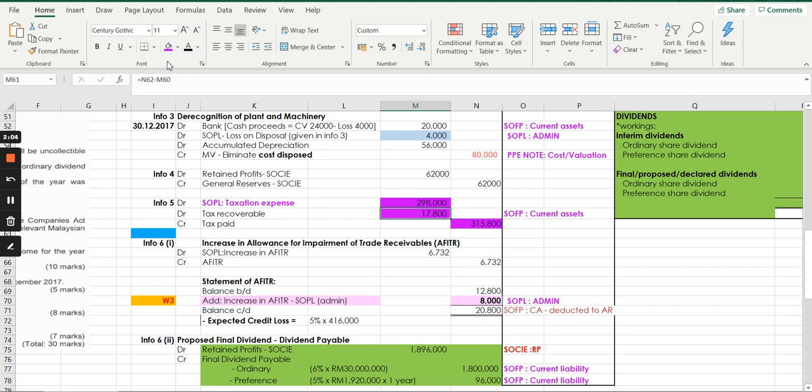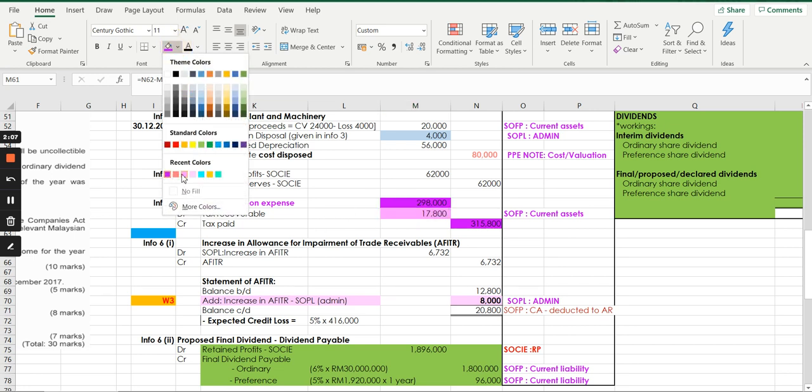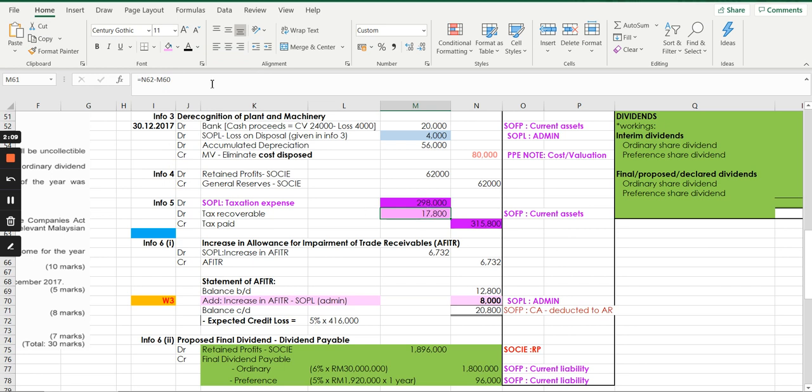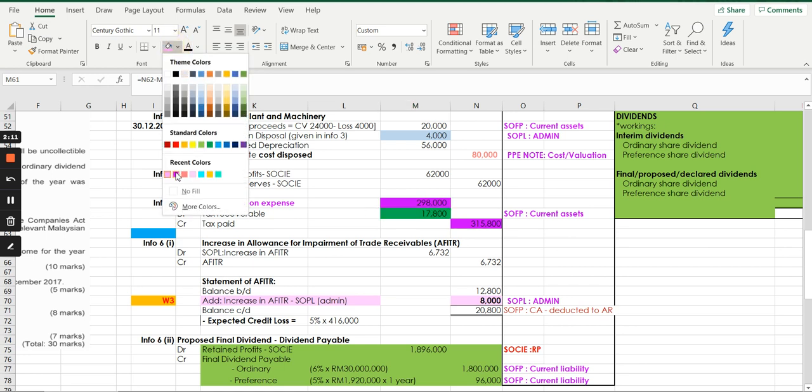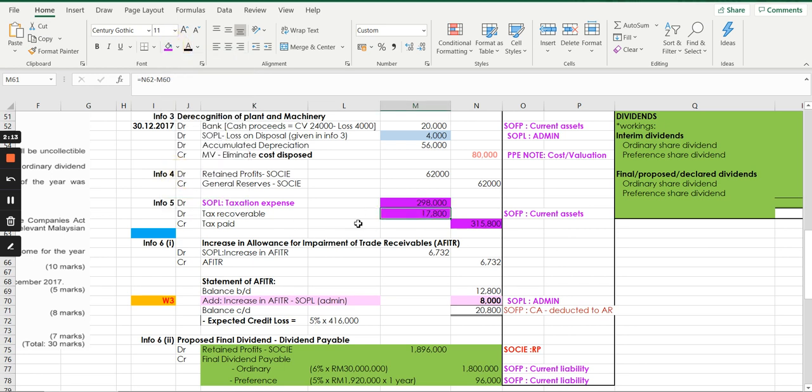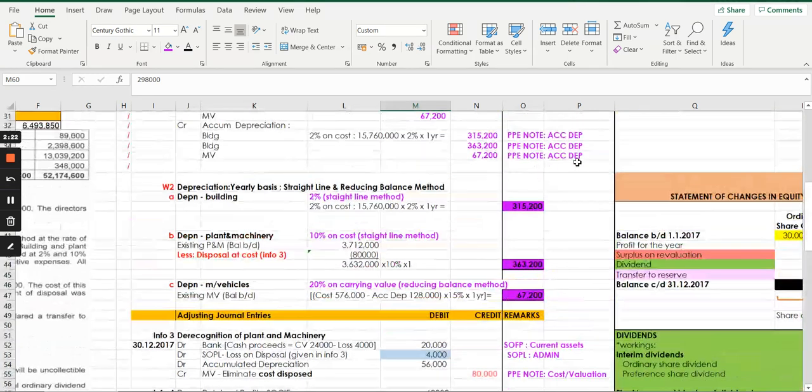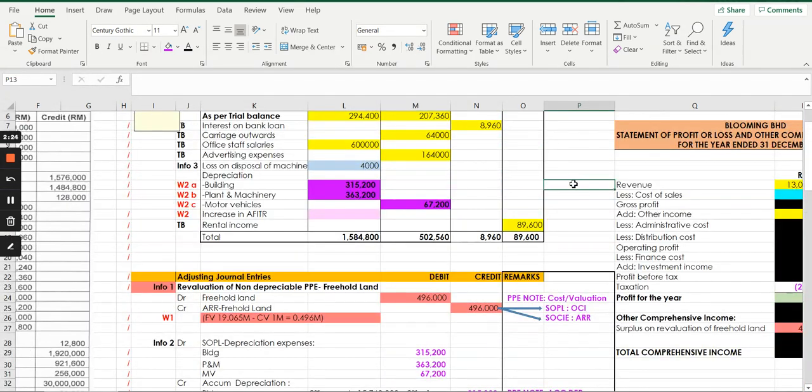That 17,800, in the purple color I used just now, will be put as your current asset, and the tax expense will be included in the taxation line item in the statement of profit or loss.